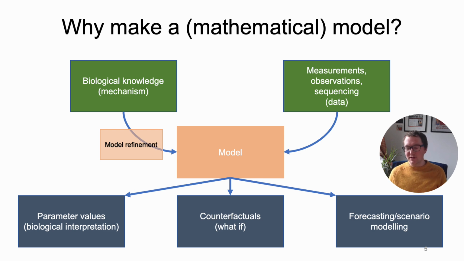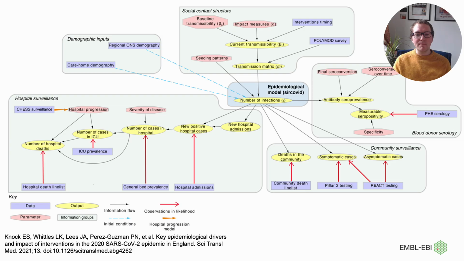They're called counterfactuals because they're things that didn't actually happen. You're saying, if this had happened in the past, what would have happened? And the final thing, which my picture is covering, is forecasting or doing predictions, so going forwards in time and saying what will happen to this system in future, usually assuming that the system doesn't fundamentally change.